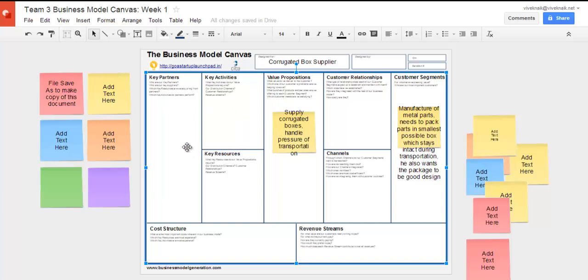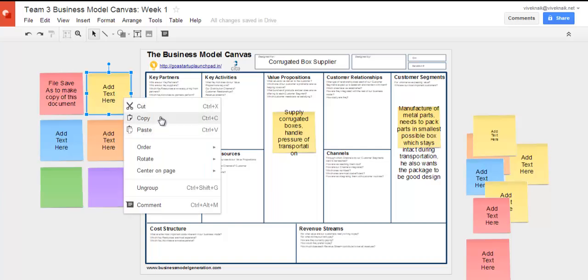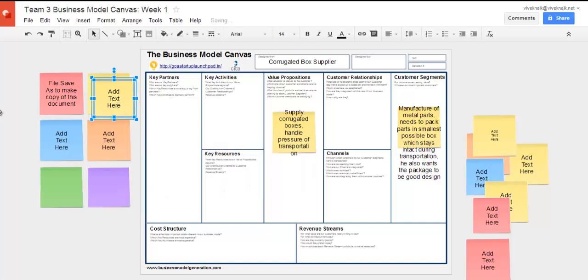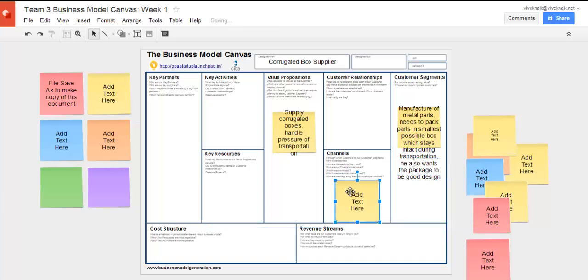So it will be either an office or a web or mobile based channel, and we'll define it in the channel section. Office space strategically located in the industrial estate.